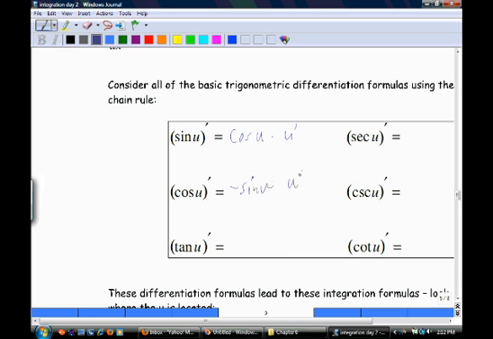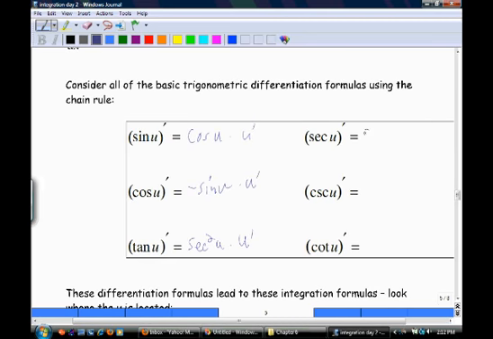Secant u tan u times u prime, negative cosecant u cot u times u prime, and negative cosecant squared u times u prime. That's how differentiation works. Chain rule, multiplying by the derivative of the inside.